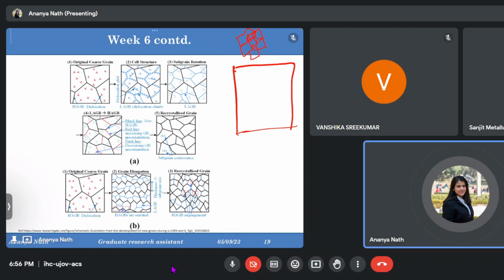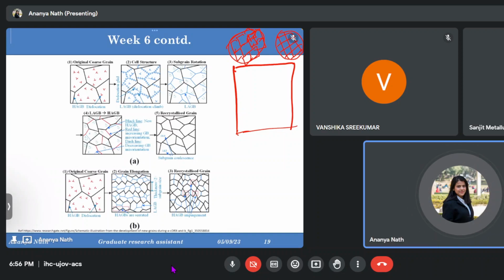That particular orientation of lattice makes a grain, and this is how, due to different orientation in lattice, we get polycrystalline or different grains. And in different grains there are a lot of dislocations. Due to cold working, a lot of dislocations are introduced. Now the dislocations are trying to get arranged in a particular manner so that they can give rise to new grains. So this is the principle.